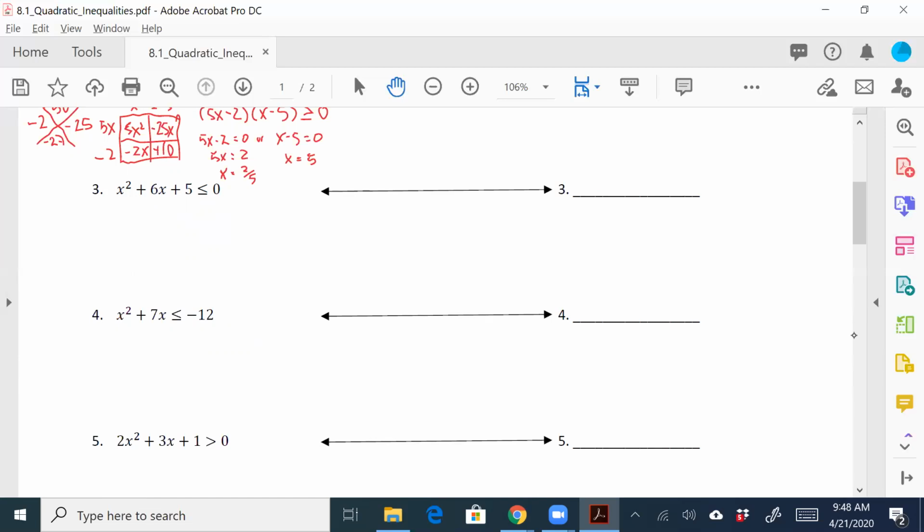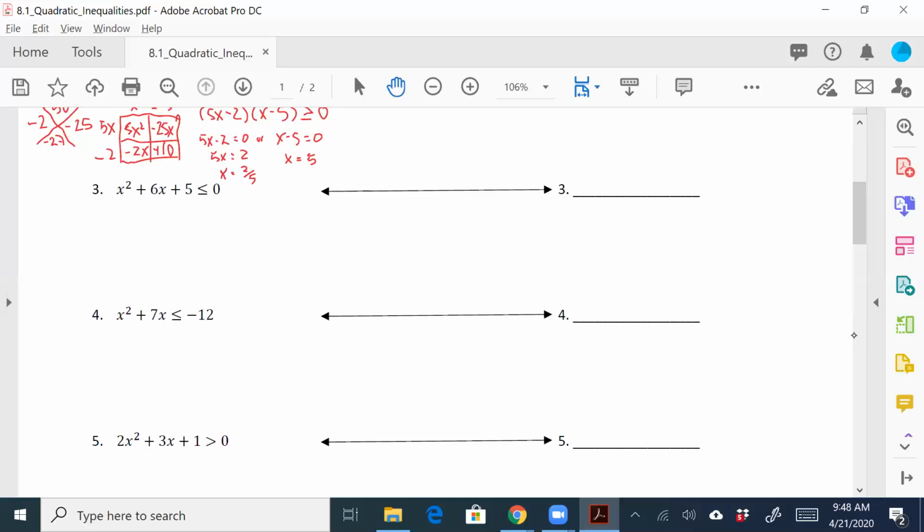Yeah, you'd add 12 to both sides to get the right-hand side as 0, and then you'd have x squared plus 7x plus 12. What would you do next? Find two numbers that multiply to give me 12 and add or subtract to 7.